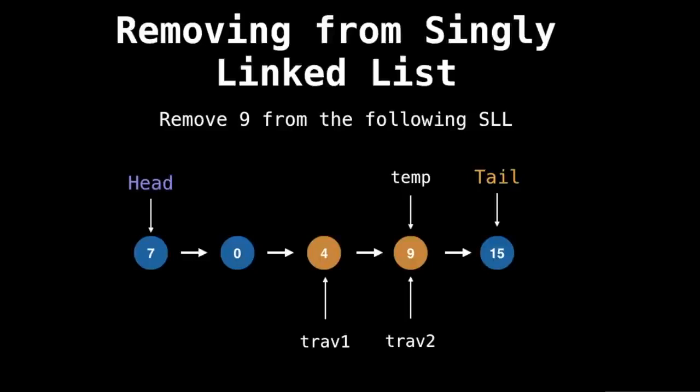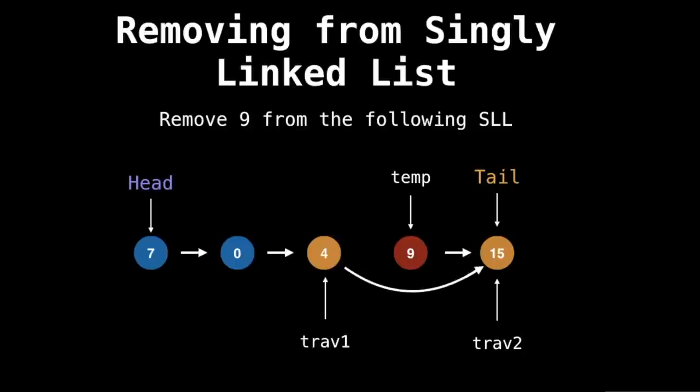I'm going to create another pointer, to the node we wish to remove, so we can deallocate its memory later. Okay, so now I had to have advanced trav2 to the next node. And node 9 has turned red. I've done this to indicate that at this point, node 9 is ready to be removed. I'm just keeping it around for the visual effect.